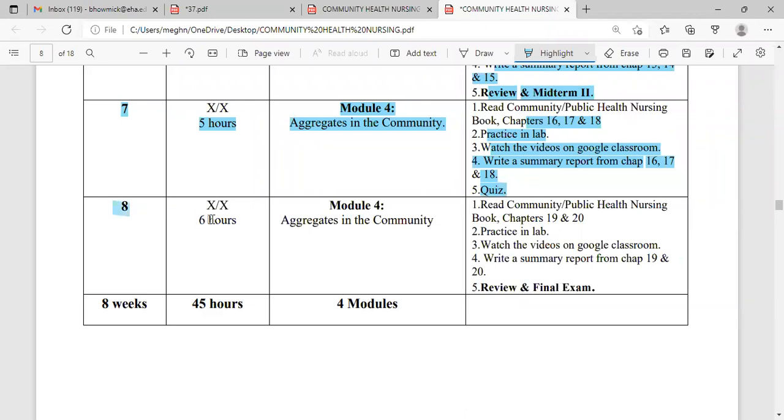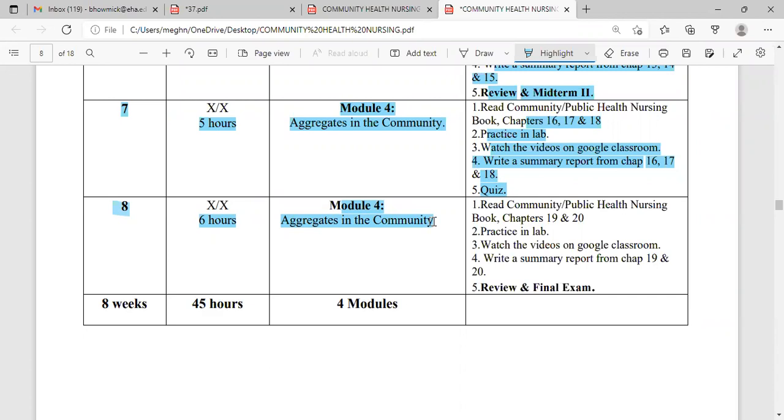Week 8, 6 hours, same module 4. Aggregate in the communities. So you see, the nurses working in the communities should have an understanding of the foundation of community health nursing, basically, right?